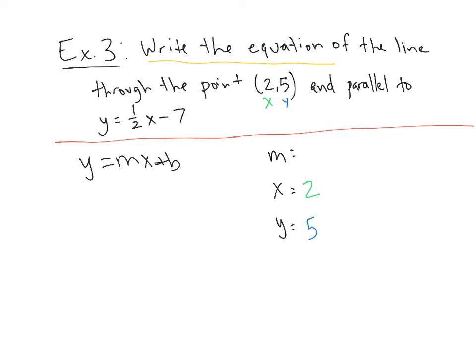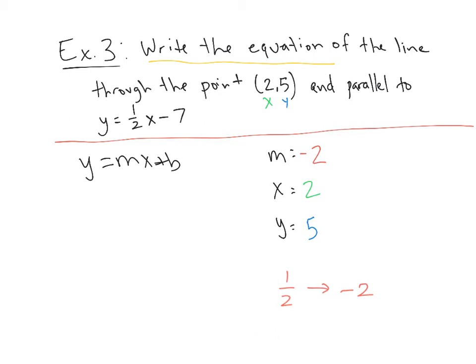And for my m, I'm given 1/2, and I want an opposite reciprocal slope. So the opposite reciprocal of 1/2 would be negative 2 over 1, which is just 2, right? And so my opposite reciprocal slope, or m, would be -2.